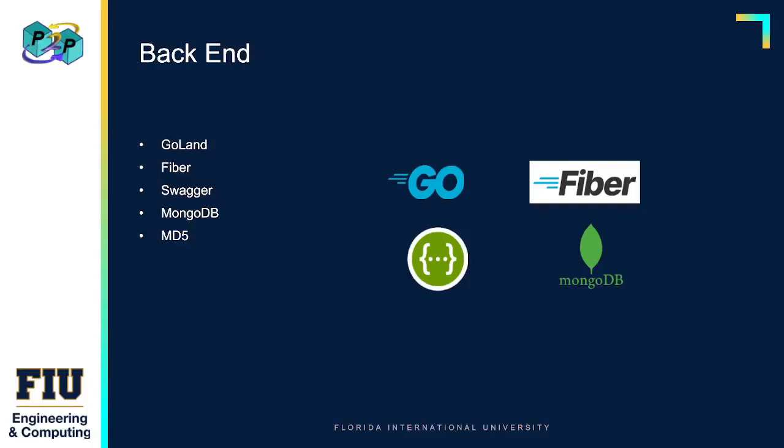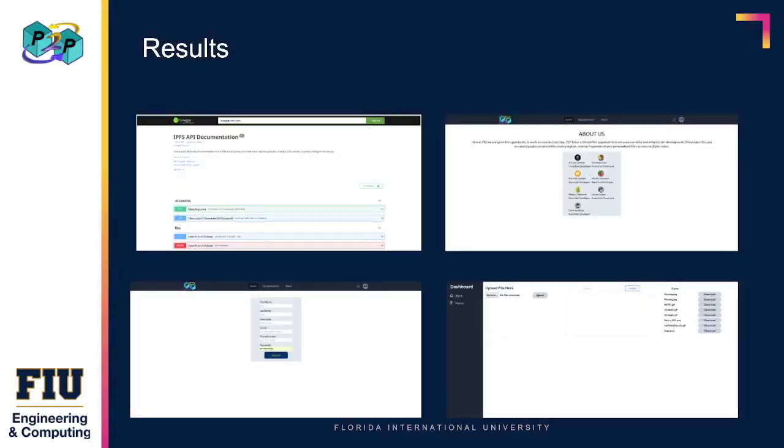Swagger, this is essentially how we have our API documentation. It's all done using Swagger UI. And we also used MongoDB for our database. We have user and user files, two different collections, and MD5 as well, which works very well with Mongo in terms of encryption for user security.